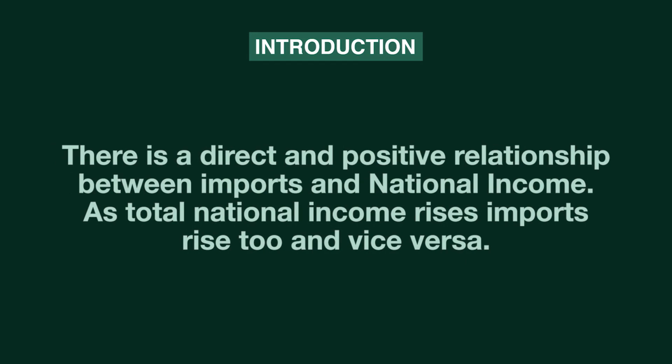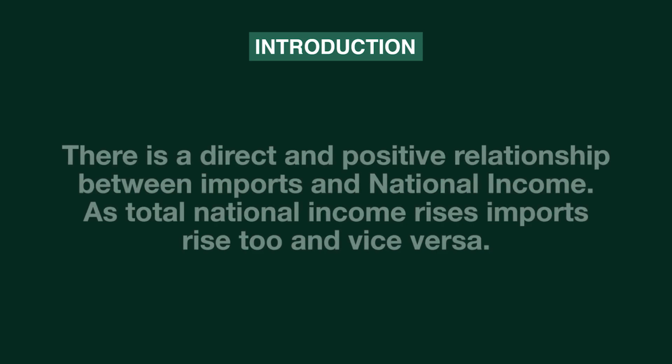And as expected, this marginal propensity to import will be a positive fraction, that is, it will lie between 0 and 1. There is a positive relationship between import and national income in our case. As national income increases, the import of the country will increase.